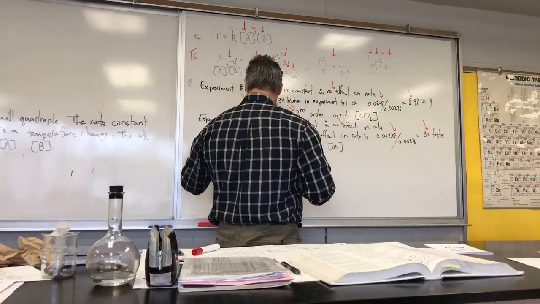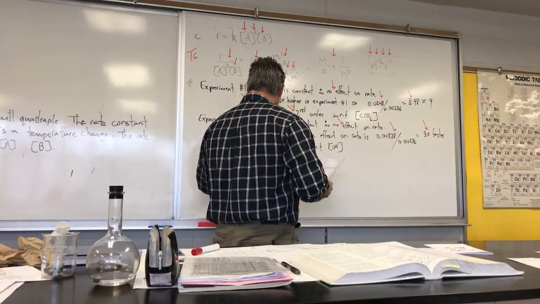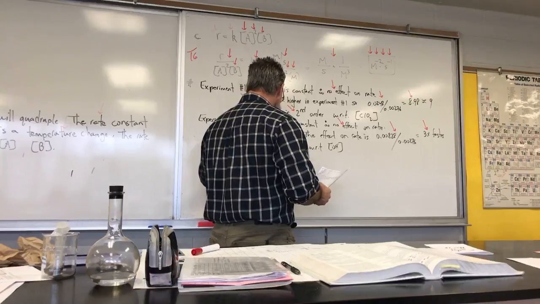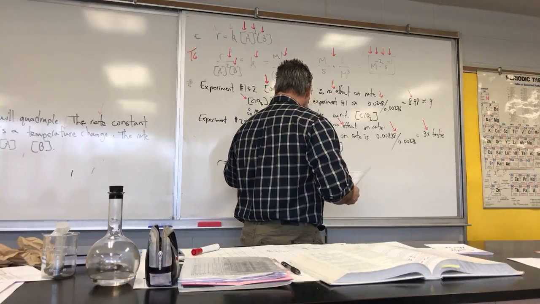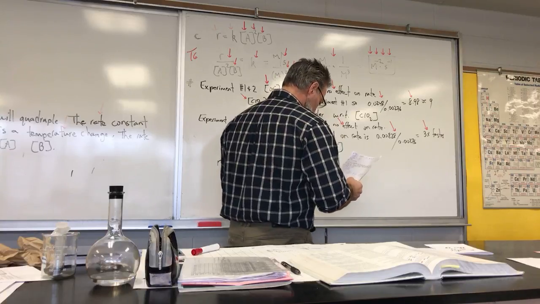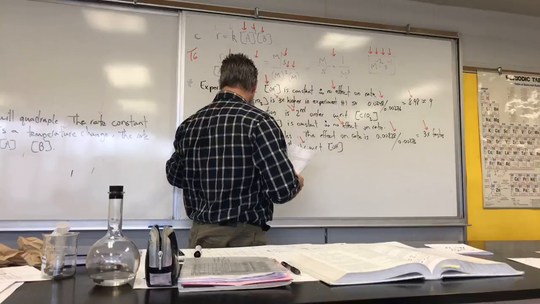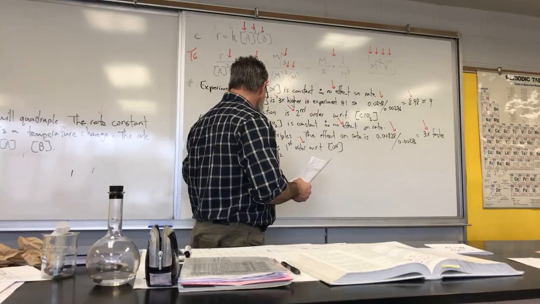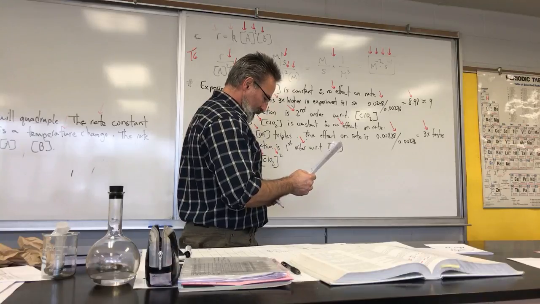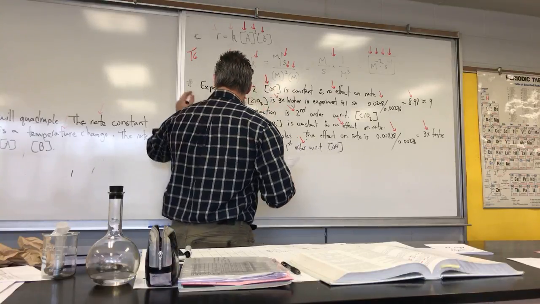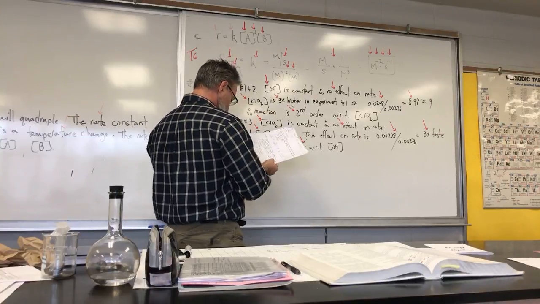And the rate law in this case is rate equals the rate constant K times the hydroxide concentration times the chlorine dioxide concentration to the power of 2. And each one of those parameters was worth a mark. So you got a mark for putting rate, rate constant, for the hydroxide, for the chlorine dioxide, and for the correct power.